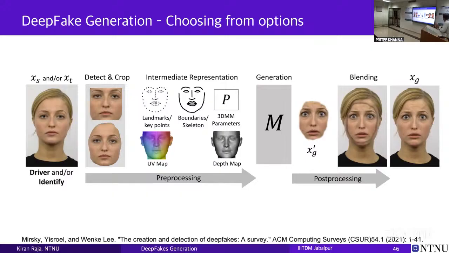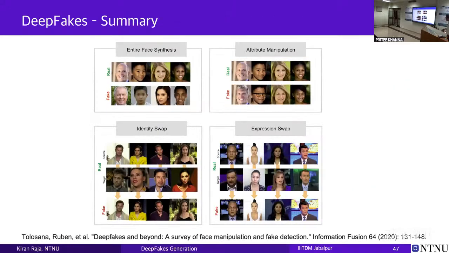So the bottom line here is that we are now at a stage where we are able to control deepfake generation in a fine-tuned manner. Of course, there are some other challenges which we will not be able to discuss today, but at least I'll show you something. For instance, you have entire face synthesis from A to B without touching anything in the image, and then attribute manipulation, like converting male to female, converting a bald person into a person with hair, changing a person without glasses to with glasses, and so on.